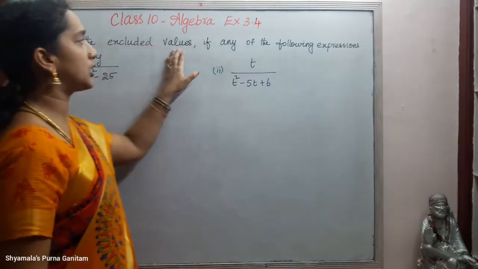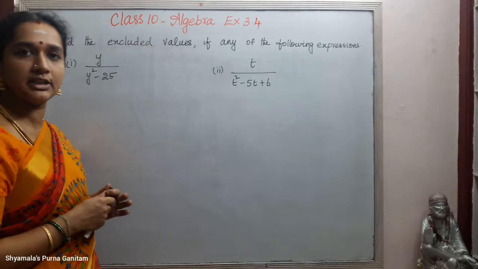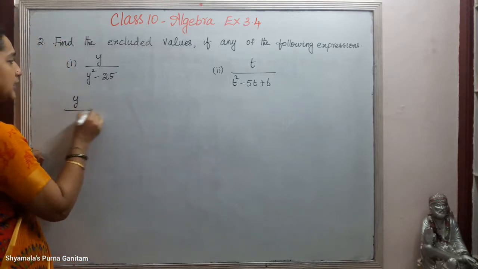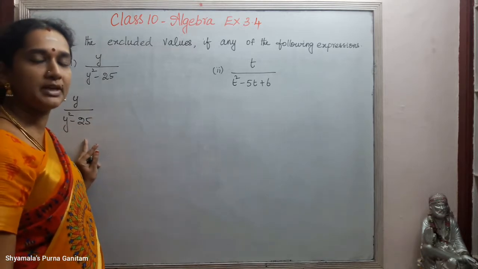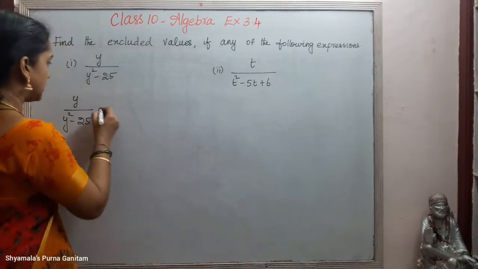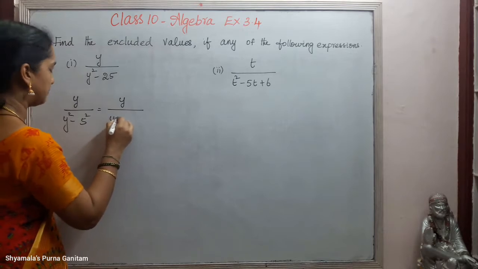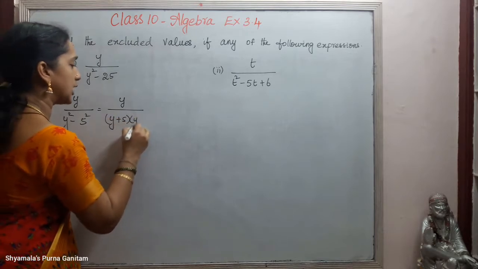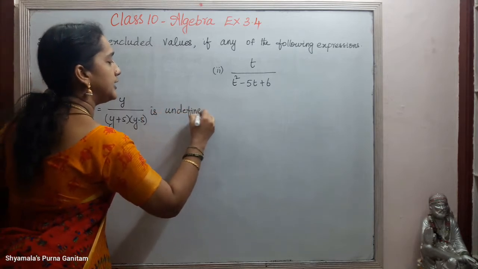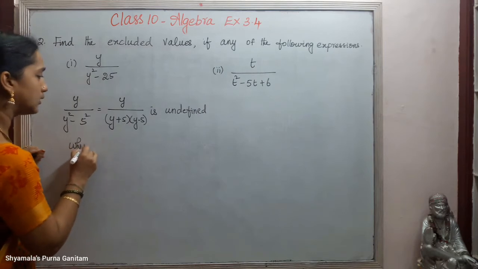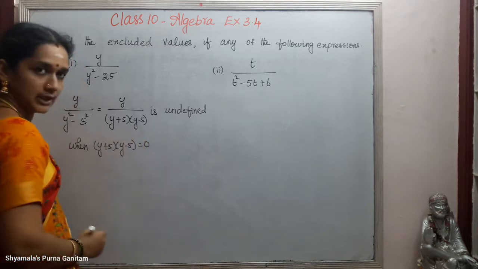Find the excluded values, if any, of the following expressions. The first one is y by y squared minus 25. This is of the form a squared minus b squared, and we can write 25 as 5 squared. So this is y by y plus 5 into y minus 5, which is undefined when y plus 5 into y minus 5 is equal to 0.